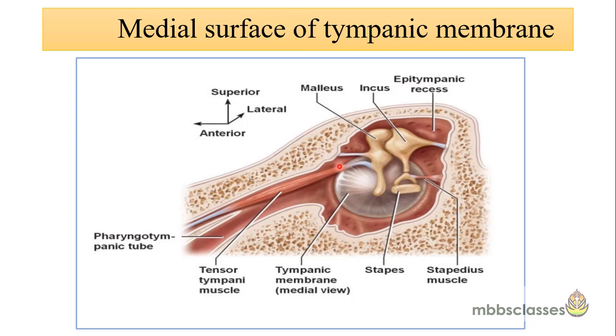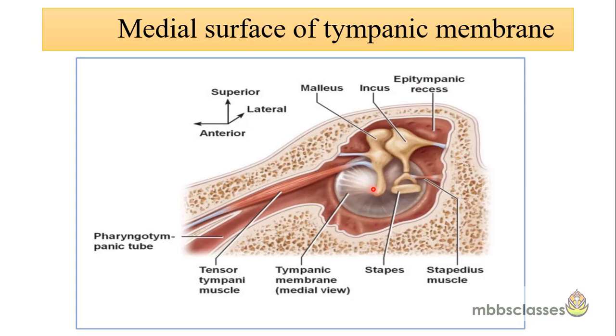The area where this bony sulcus is absent is known as the notch of Rivinus. So the pars tensa sits in the tympanic bony sulcus, whereas the area of the membrane where this bony sulcus is absent, in the area of the notch of Rivinus, is known as the pars flaccida.